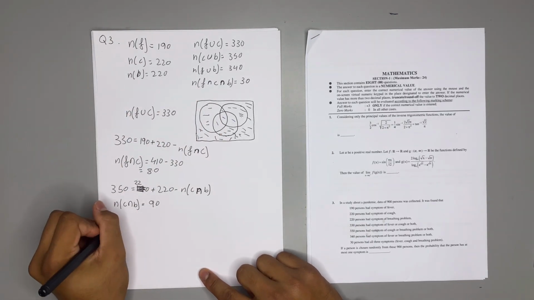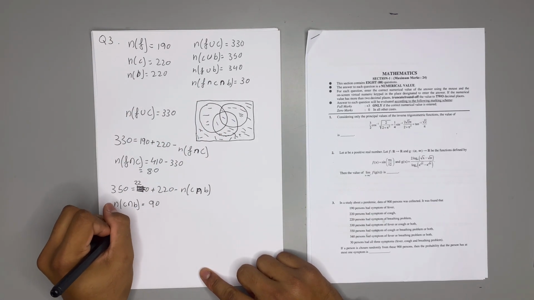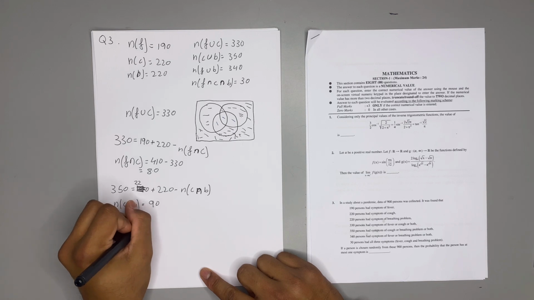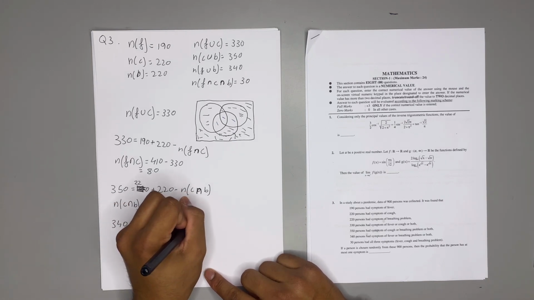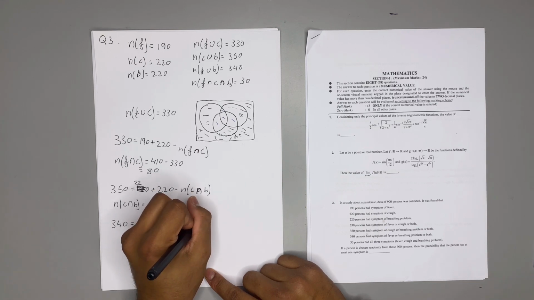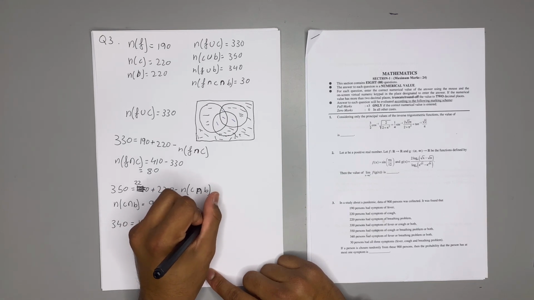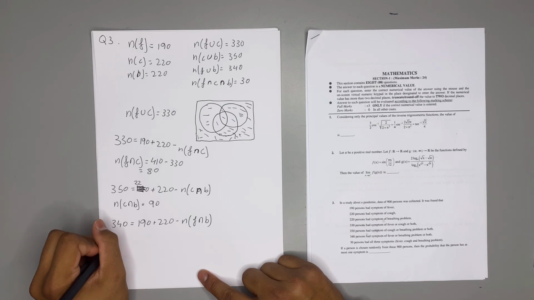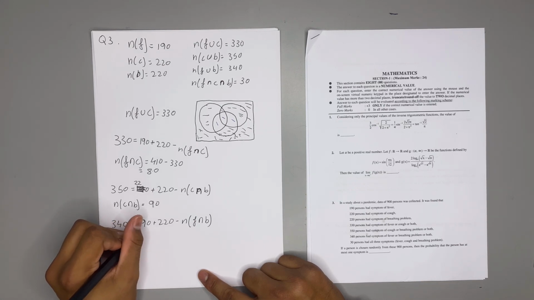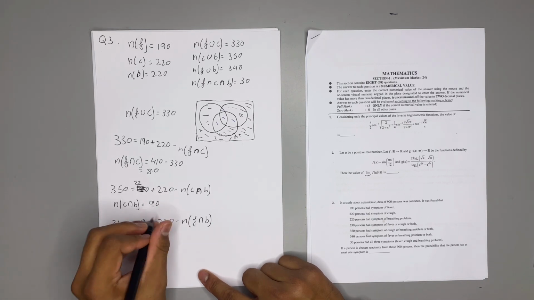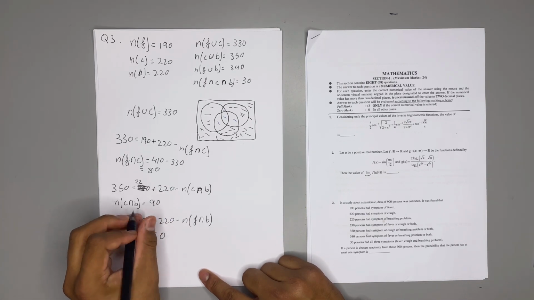This one now, we have 340 equals 190 plus 220 minus the intersection of F and B. This then gives me N of F and B equals this minus this, which is 70.